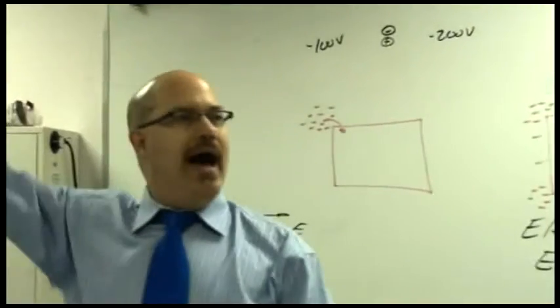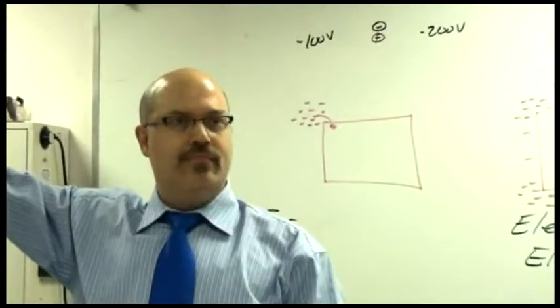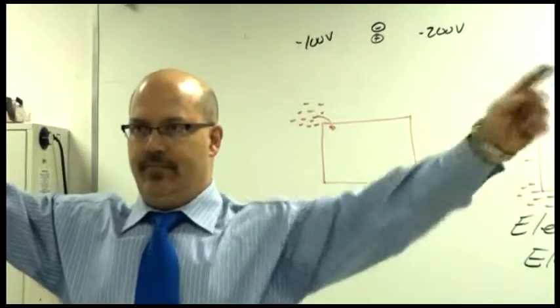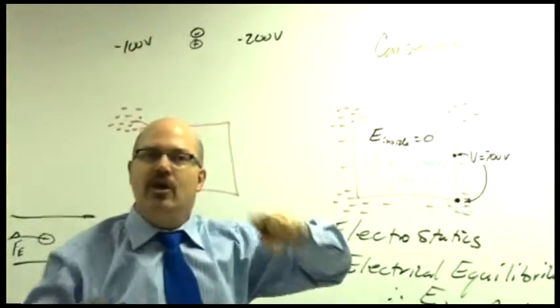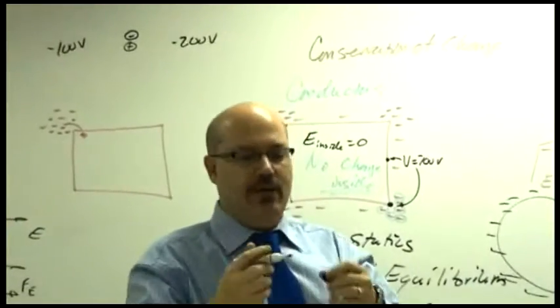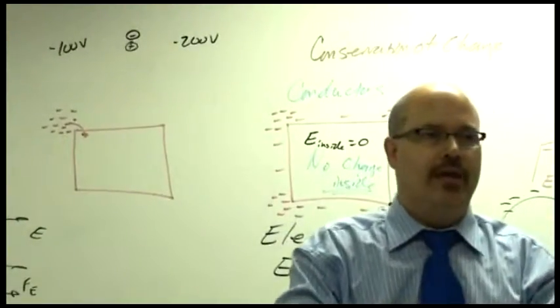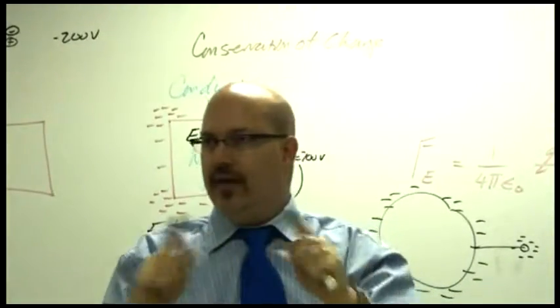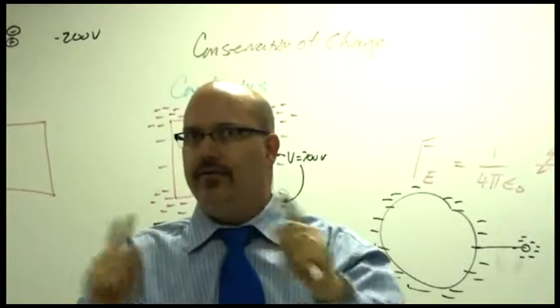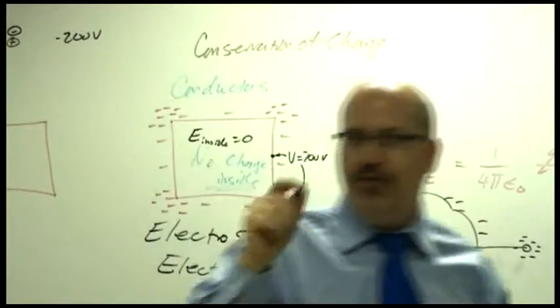To more positive, right? Does that make sense? So if you have electrostatics, then these must be the same. The surface of an object in electrostatic equilibrium in a conductor has no difference in electric potential. It's an equipotential surface.